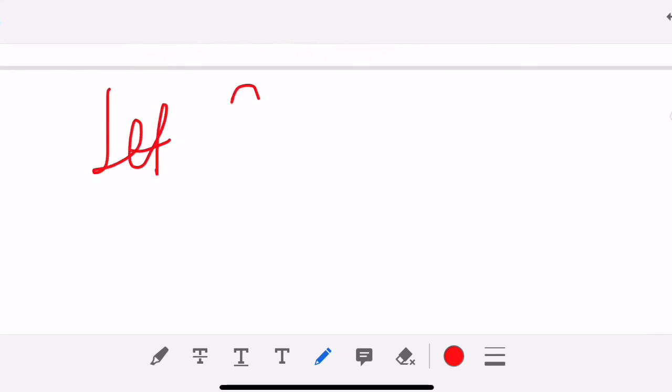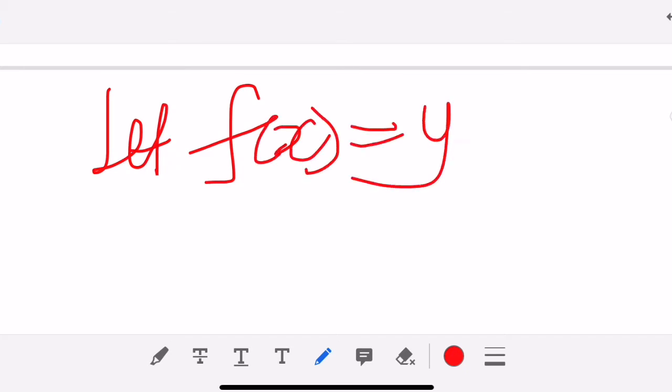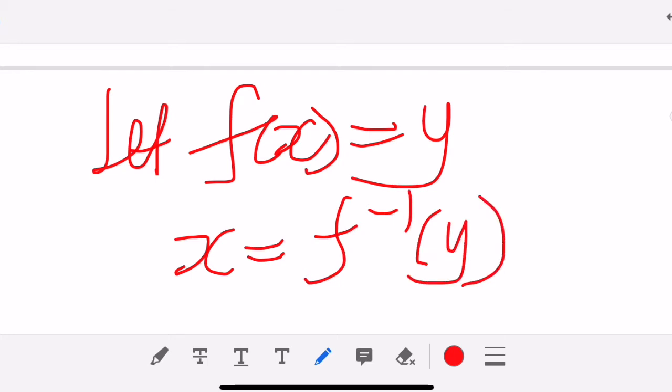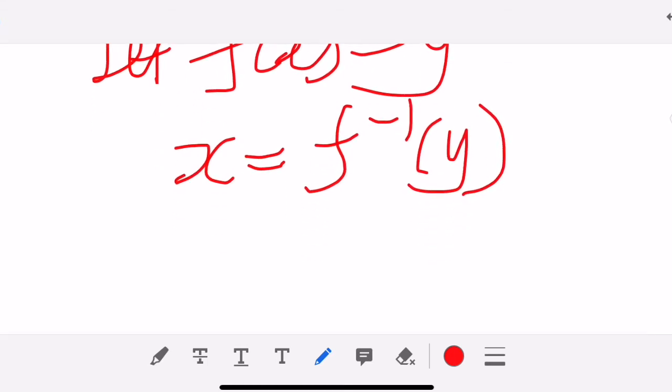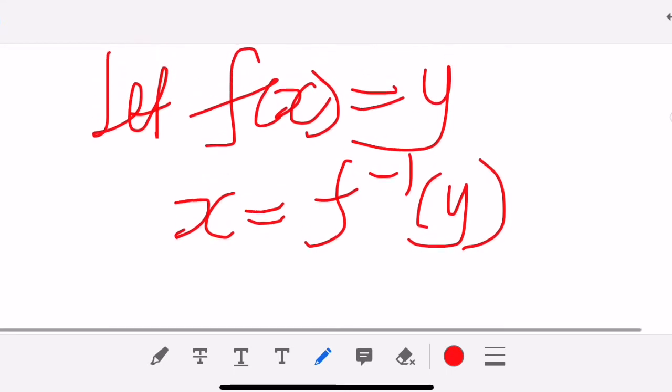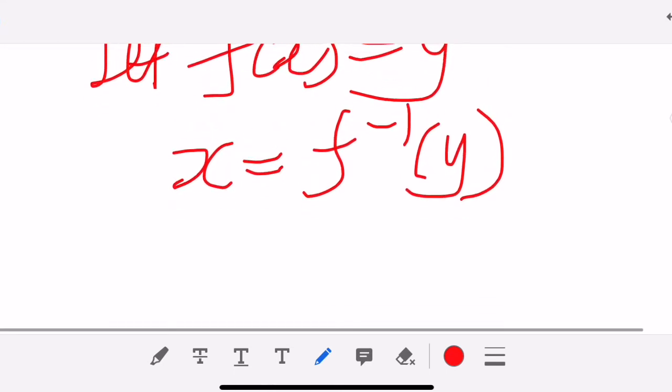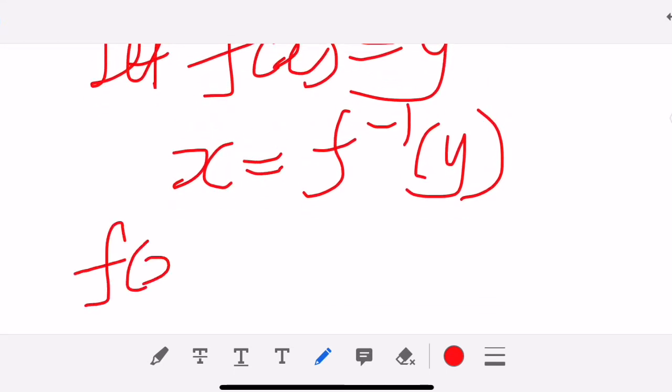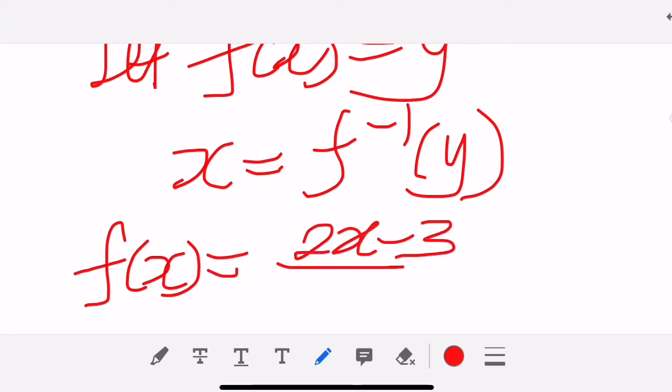Let f(x) equal to y, and then we will say hence x is equal to f inverse of y. Right, so we are going to find the x. If we find the x, meaning we will find the inverse of y. So we have the function f(x) equal to 2x minus 3 over 2x minus 1, right?